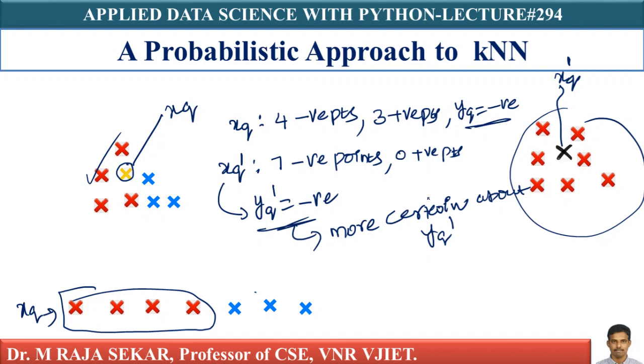We are more certain that yq dash is negative and less certain about yq, because it has only 4 negative points and it has 3 positive points.